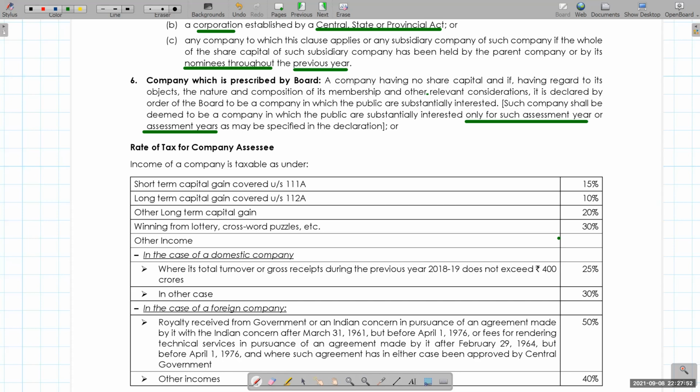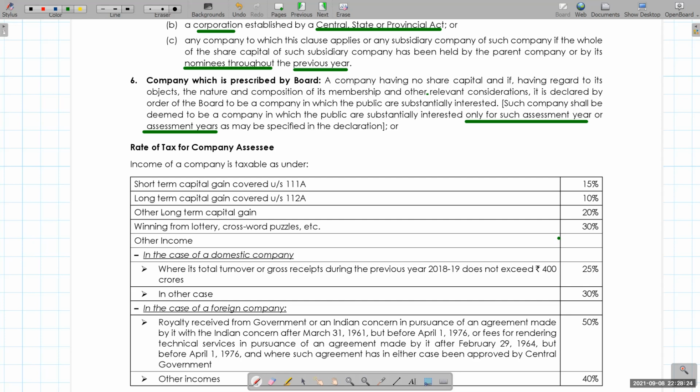As you know, short-term capital gain is defined under 111A, and long-term capital gain is taxed differently under 112A, at 10%, and other long-term capital gains. Normally, capital gains are charged at 20%, and the category coming under 112A is charged at 10%, and the short-term capital gain on shares, that is 111A, will come at 15%. Okay, this is all applicable.